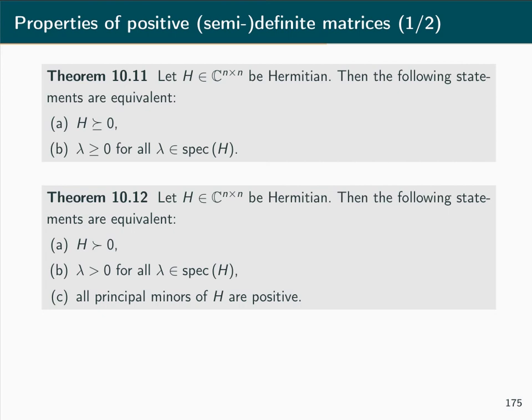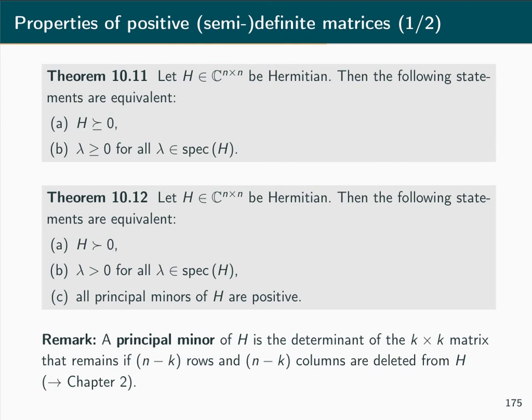And in the case of Theorem 10.12, if H is Hermitian, then H is negative definite if and only if all of its eigenvalues are negative. The proofs of Theorems 10.11 and 10.12 follow directly from Theorem 10.7 and are therefore omitted.